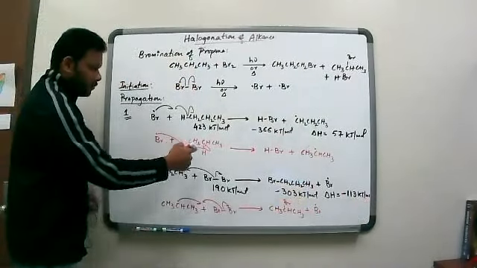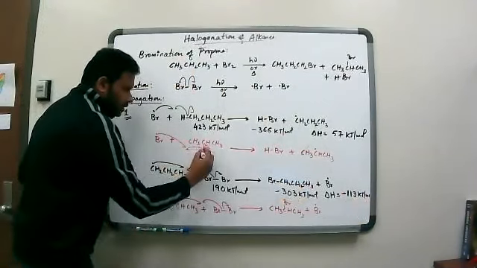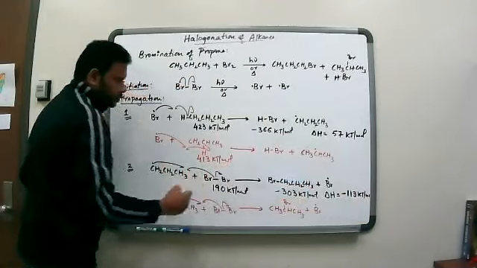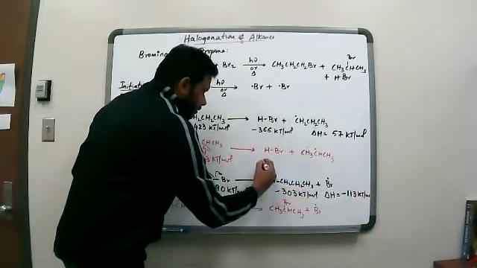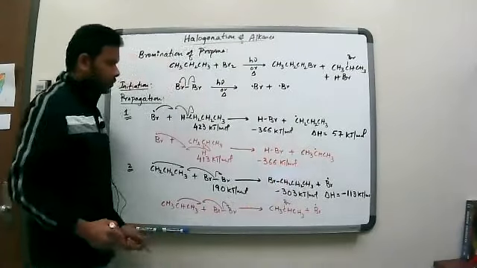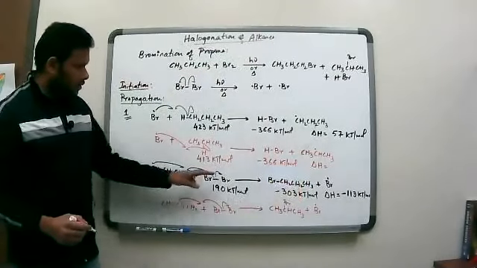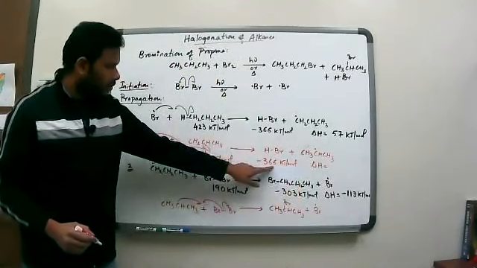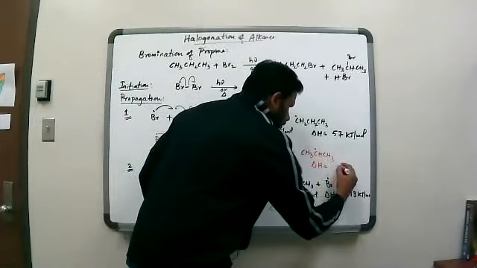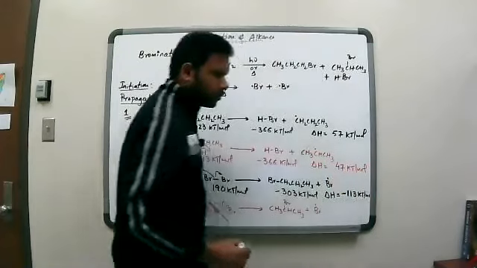Now we can do the same for the formation of the secondary carbon radical. To break a secondary carbon-hydrogen bond, the energy was 413 kilojoules per mole. HBr is negative 366 kilojoules per mole, which means delta H is about 47 kilojoules per mole.